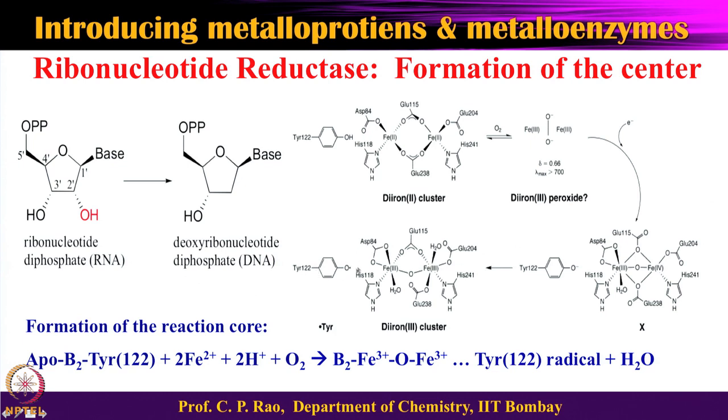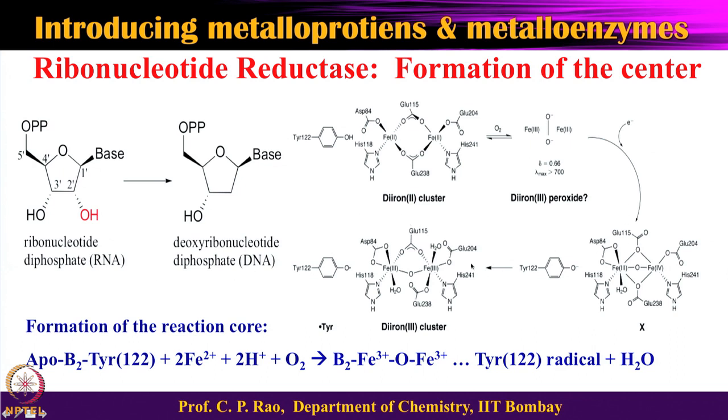The tyrosine radical is within about 4 to 5 angstroms of the di-iron center, and it is stabilized by some residues, side chains, as well as a hydrophobic compartment. And as I told you, and I repeat, the radical and this oxidized center are both essential for the catalytic activity, otherwise there is no reactivity.